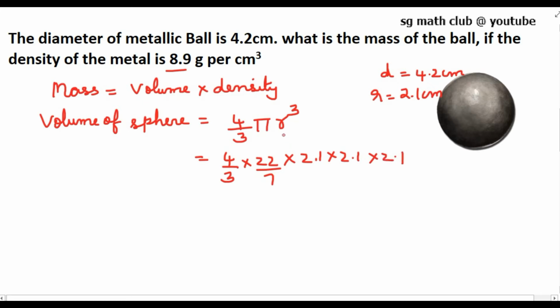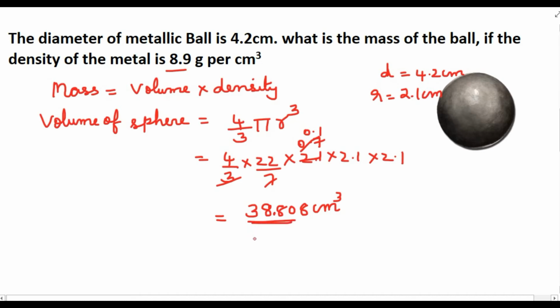You need to multiply 3 times since it is r cube. You can cancel, so this is 0.7. You can cancel, this is 0.1. When you multiply, you will get the answer as 3808. Since there are 3 decimal digits, we put the decimal, so it is 38.808 centimeter cube.